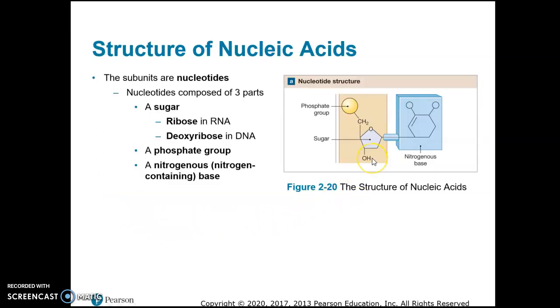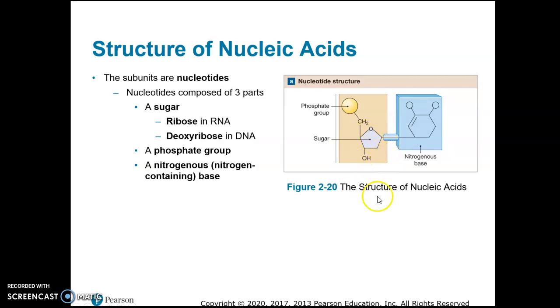Make sure that you recognize the structure of a nucleotide. Just like the monomers of proteins are amino acids, the monomers of nucleic acids are nucleotides. So in other words, nucleic acids are chains of nucleotides. A nucleotide has 3 parts: a phosphate group, a sugar, but this time you may notice that glucose was a hexagon.